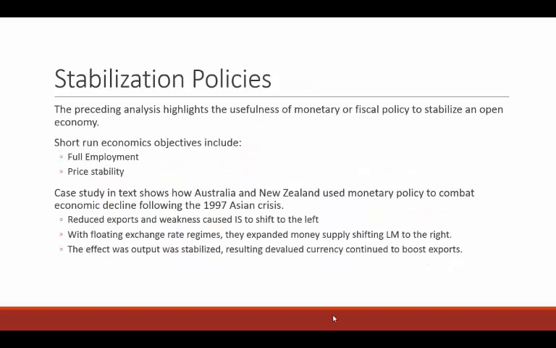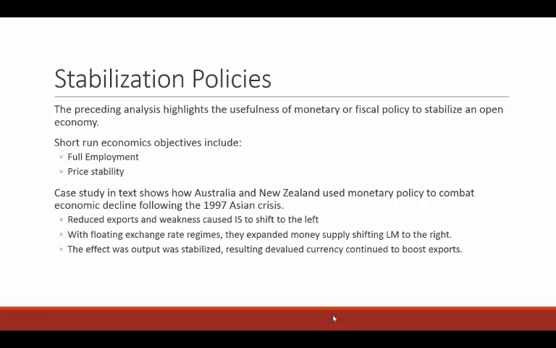We have seen how the ISLM FX model can be used to understand how monetary and fiscal policies might be used to stimulate the economy under both floating and fixed exchange rate regimes. More generally, these policies can be studied in the context of any stabilization policies that economies might wish to pursue in the short run.